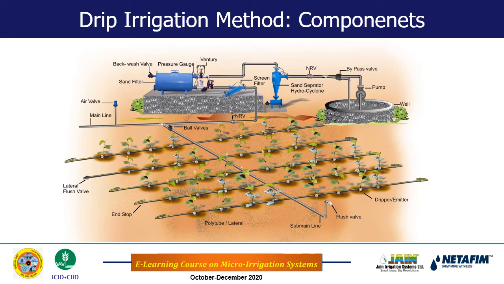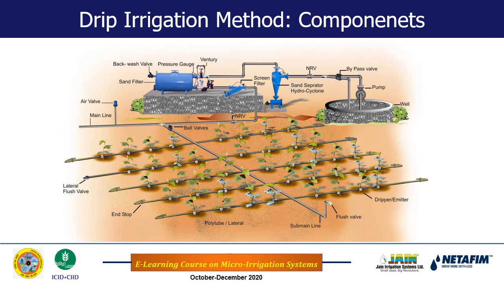The hydrocyclone filter operates on the principle of centrifugal force, so in this case the heavier particles, that is sand, are separated from water, but the lighter organic material cannot be. And therefore to separate the lighter organic material such as algae and all those things, we have to use the sand filter, which is also known as the media filter.